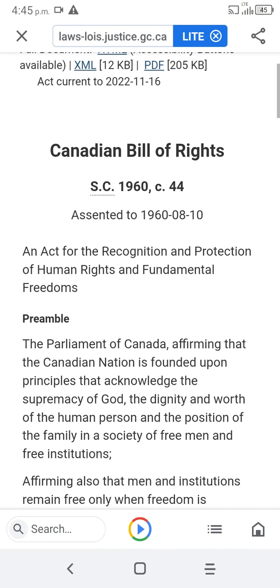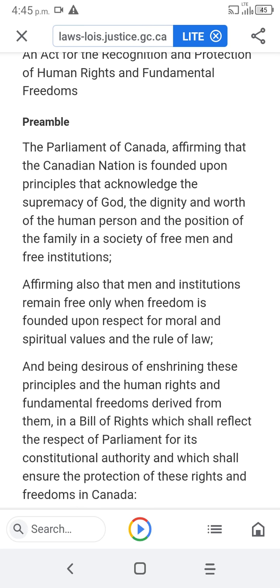An act for the recognition and protection of human rights and fundamental freedoms. The Parliament of Canada affirming that the Canadian nation is founded upon principles that acknowledge the supremacy of God, the dignity and worth of the human person, and the position of the family in a society of free men and free institutions.